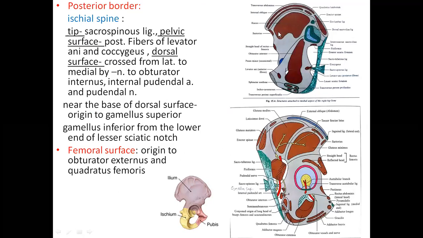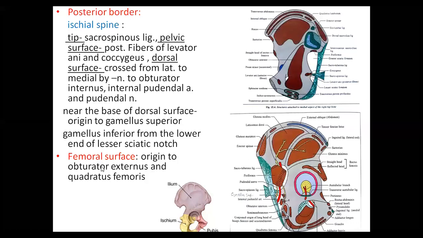Femoral surface, that is towards outside, gives origin to obturator externus. So the whole thing is obturator foramen, right? Inside, I told you, we have obturator internus muscle, outside we have obturator externus muscle originating.